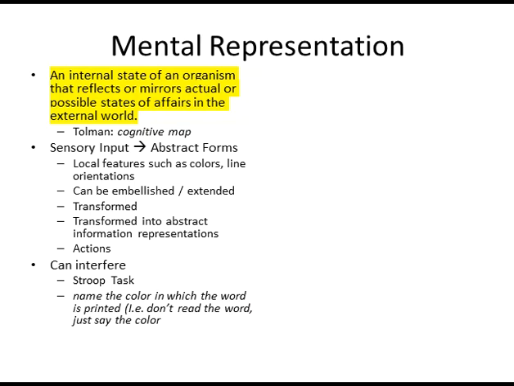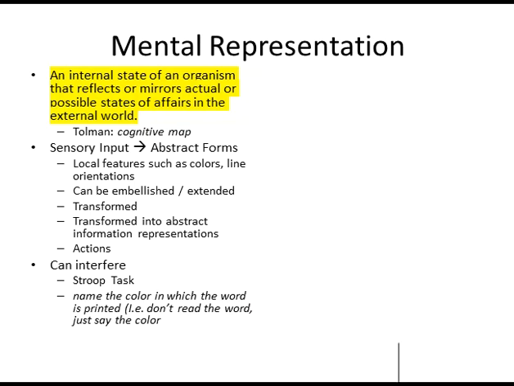The notion is that when we observe something in the real external world, there is an internal state inside the organism that reflects or mirrors that actual thing out in the real world. Tolman described this mental representation as a cognitive map, where we have the sensory input, and with that, inside of us, we have representations of it.